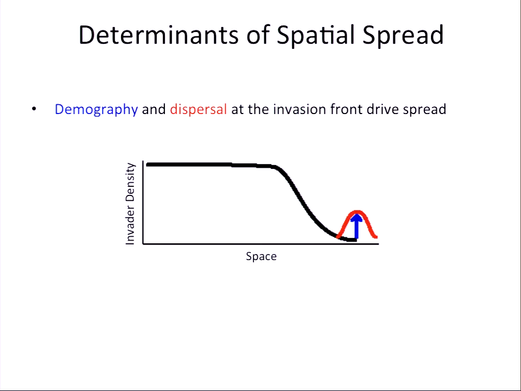So the basic determinants of spatial spread: we typically think of this just like any other reaction-diffusion process in chemistry or any other field. If we look at the spatial distribution of a population, we see that there's this very populated region, and then there's an invasion front that moves in this direction over time. And it's really a component of two processes. One is demographic increases or population growth, and the other is dispersal of those new individuals.